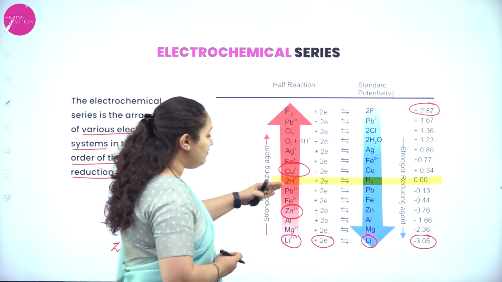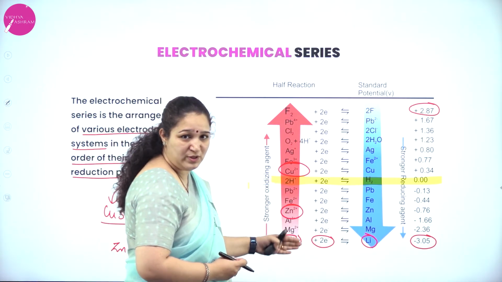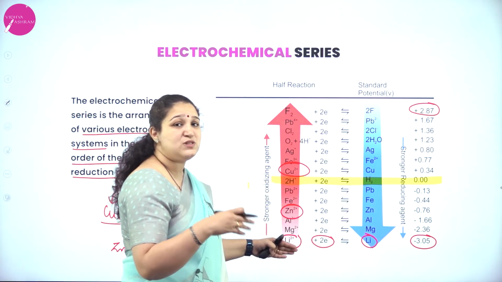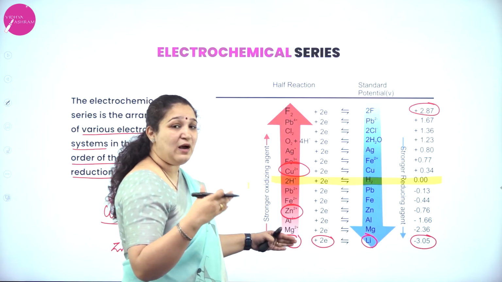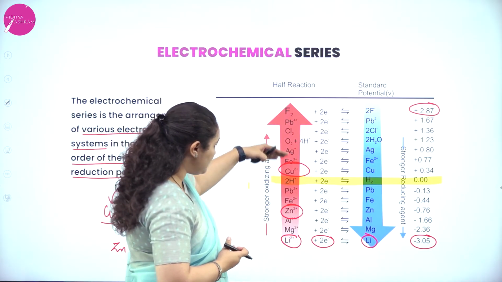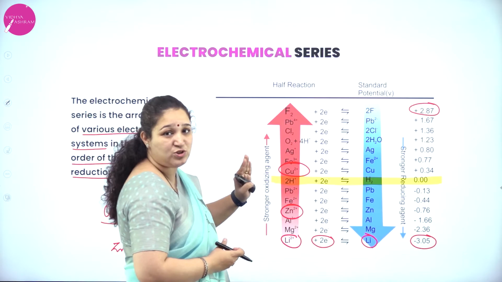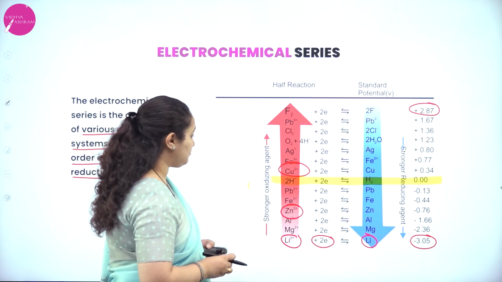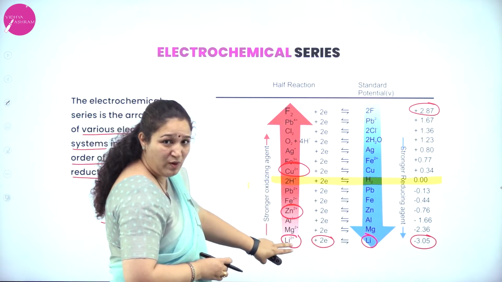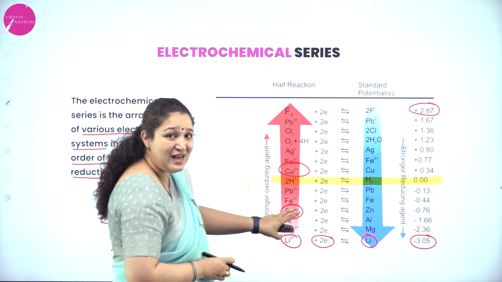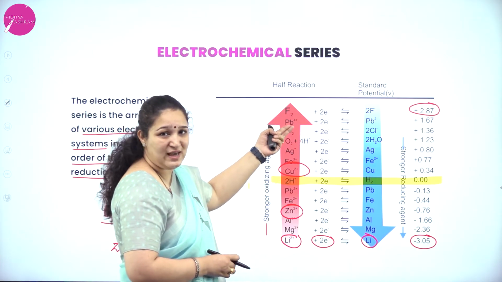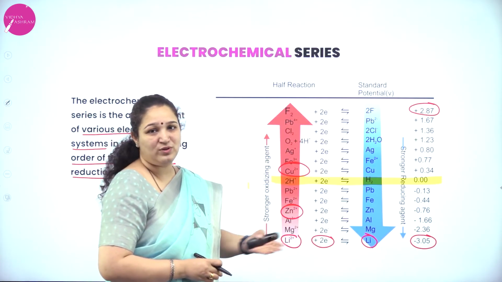The ones with negative reduction potentials, placed below hydrogen, can be used as the anode, or coupled with metals placed above hydrogen, which we take as cathode.